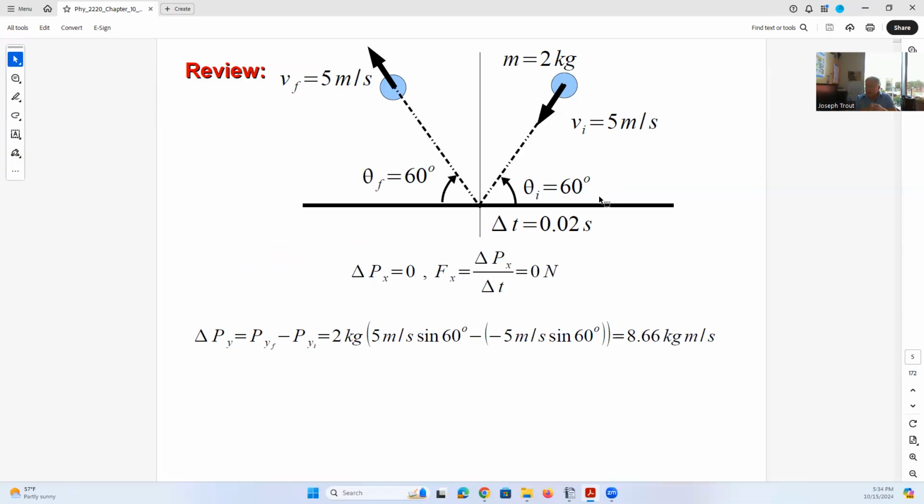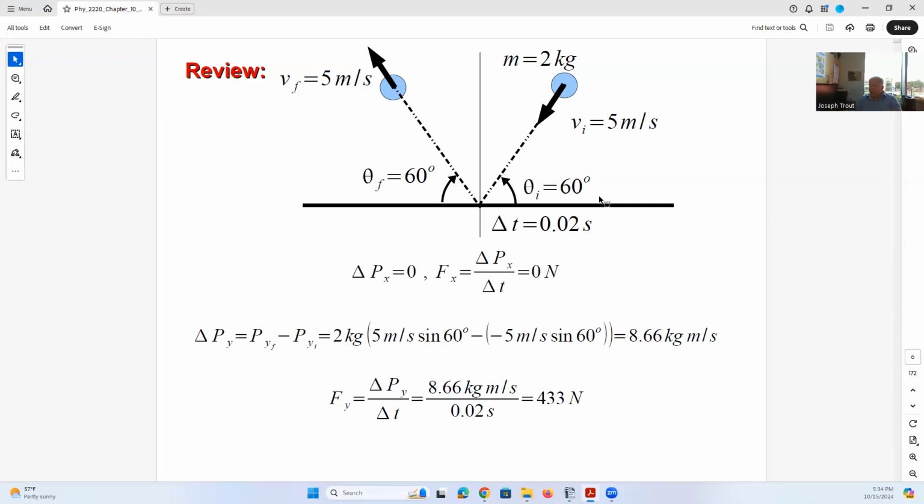However, in the y direction, we get 2 kilograms times the velocity, which is 5 meters per second times the sine of 60 degrees, minus a negative 5 meters per second times the sine of 60 degrees. We end up with 8.66 kilogram meters per second.